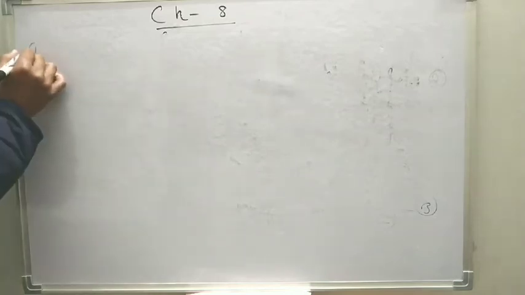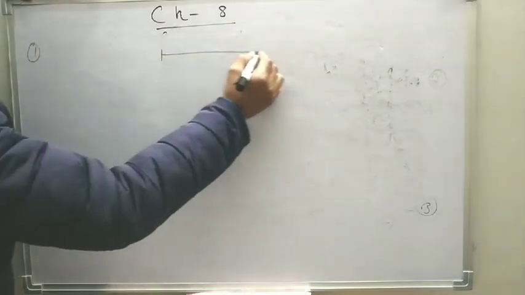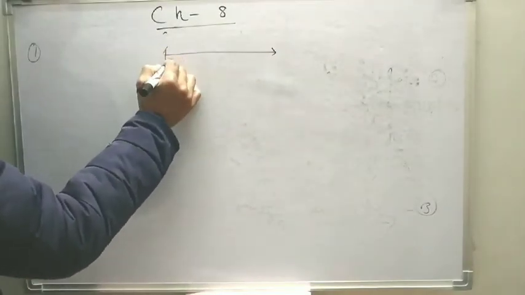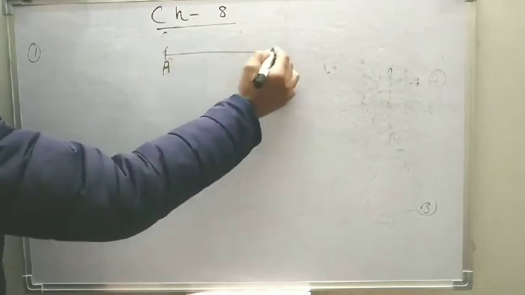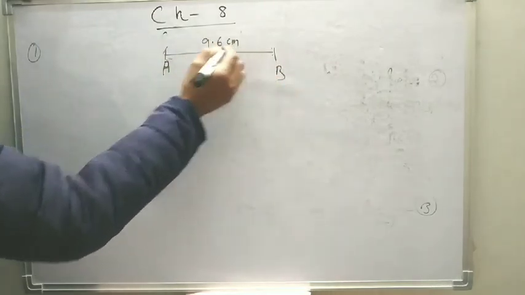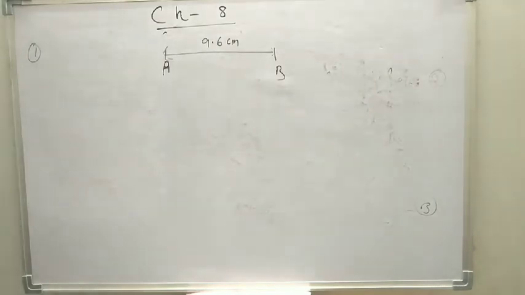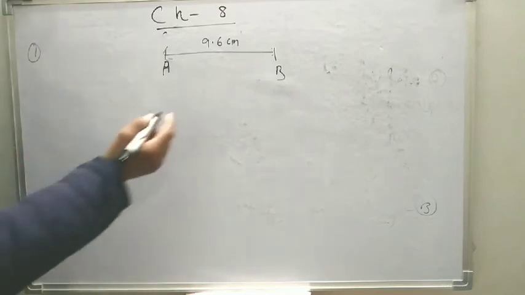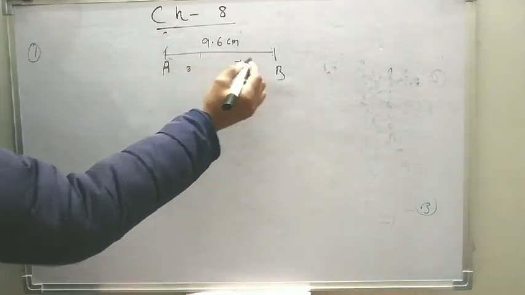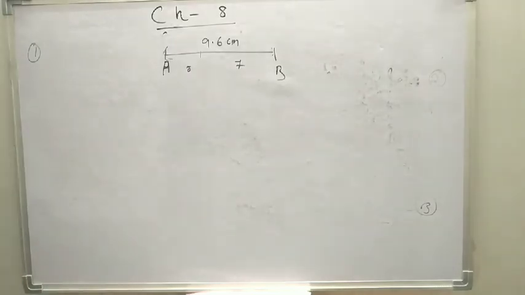Suppose this is a straight line, it is A, it is B, and it is of 9.6 centimeter, divided internally in the ratio 5:7. So here we have to find the length of each segment.